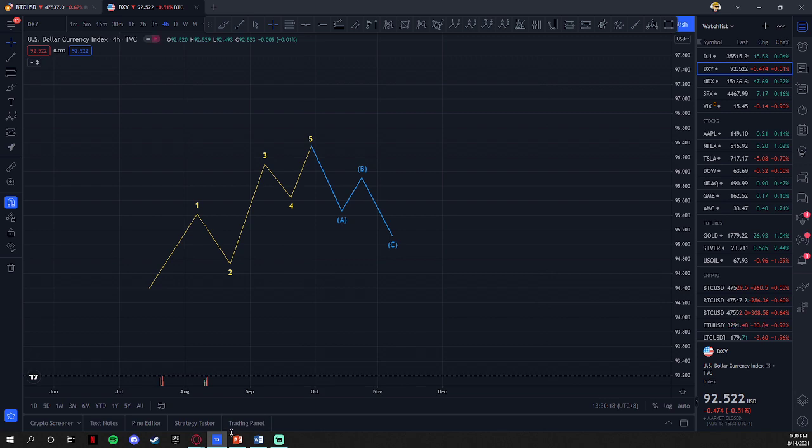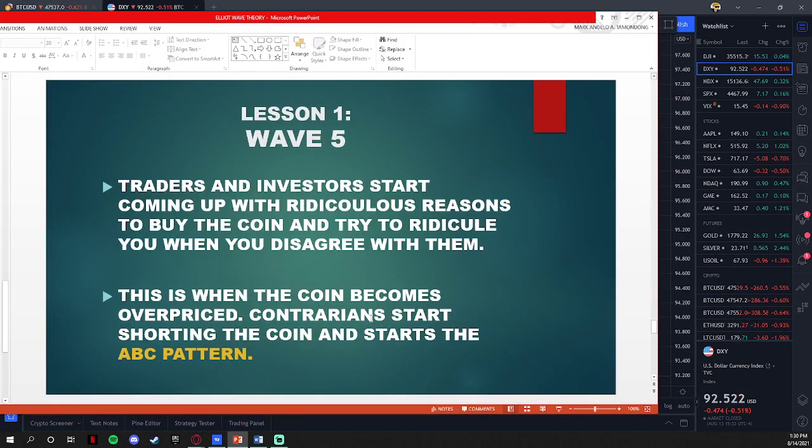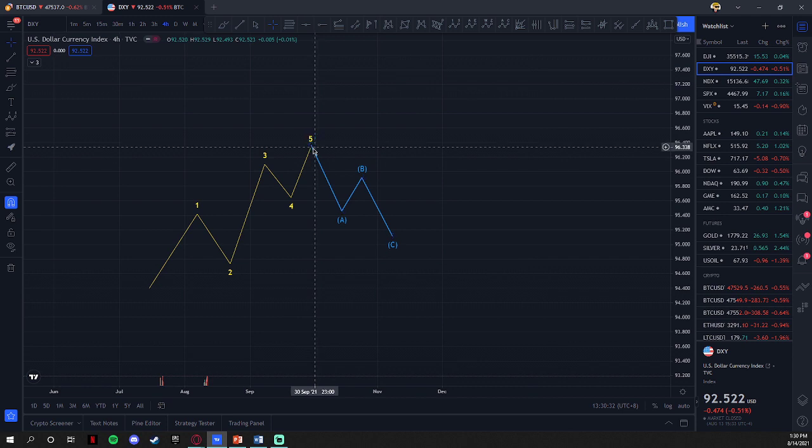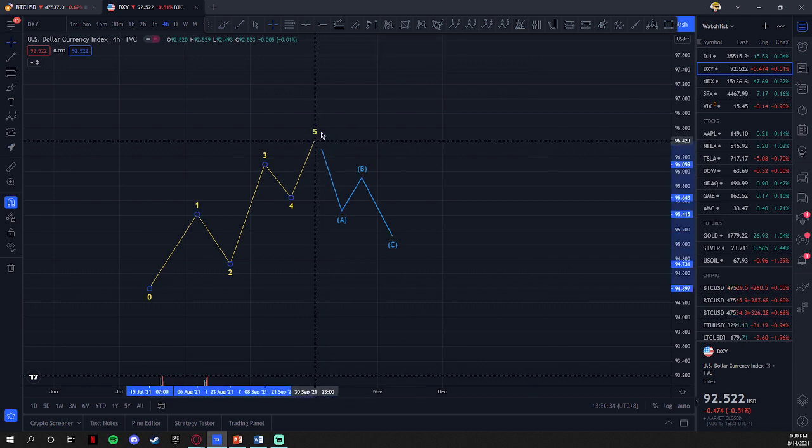Wave 5, this is when the traders and investors start coming up with ridiculous reasons to buy the coin and try to ridicule you when you start to disagree with them. Okay, you get these impulse waves up.